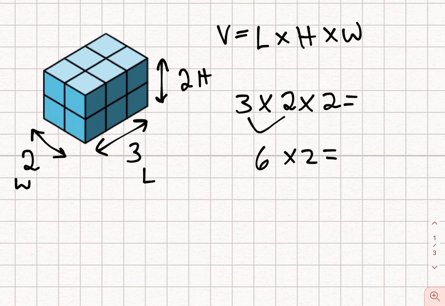And 6 times 2 equals 12. So if I were to count all the squares here, I'd have 1, 2, 3, 4, 5, 6 on the top, and 1, 2, 3, 4, 5, 6 on the bottom. 6 and 6 is 12. All right, so I would say the volume equals 12. Let's try another one.